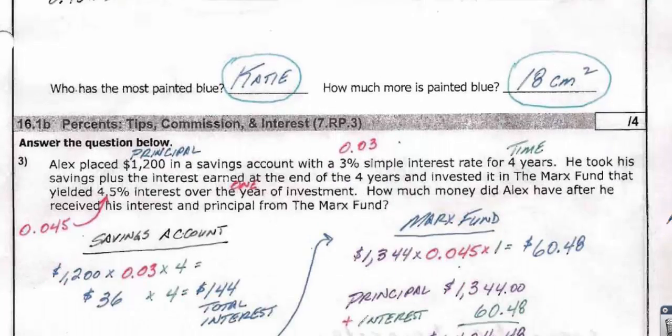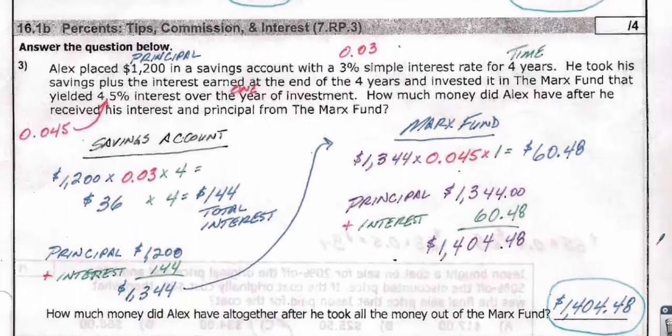Problem number 2. Here's our work for number 2. Alex placed $1,200 in a savings account. That's the principal. 3% interest, 0.03, for 4 years. We talked about the fact that it's principal times interest times time. That gives us $36 for each year.